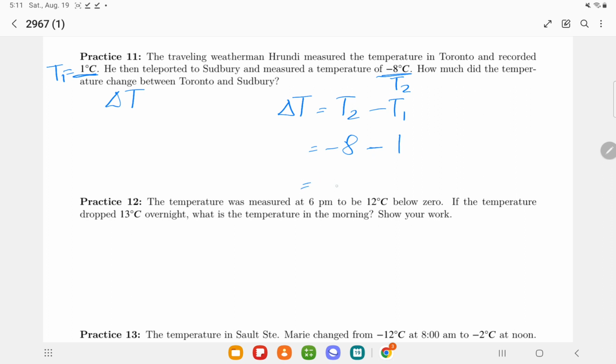I like to change -1 into plus -1. You don't have to, which is -9 degrees Celsius. So we see that temperature dropped 9 degrees. So the change from 1 to -8 is -9.